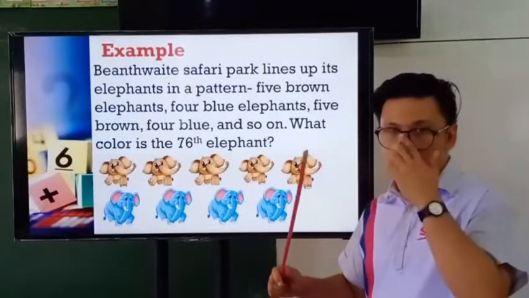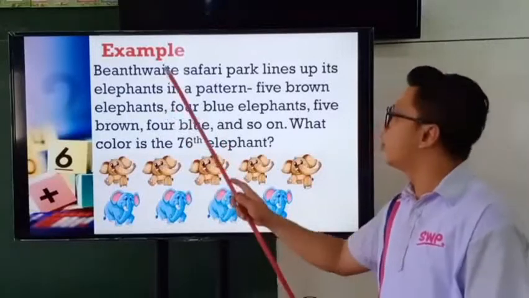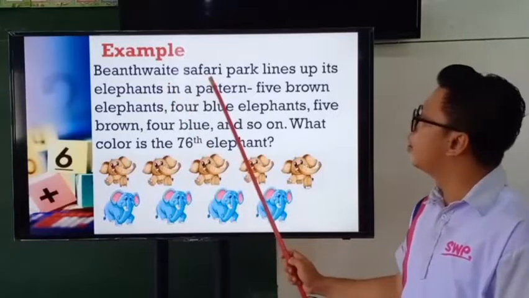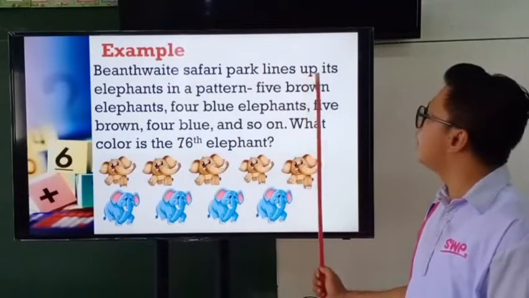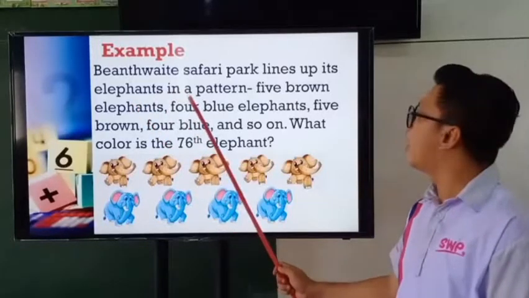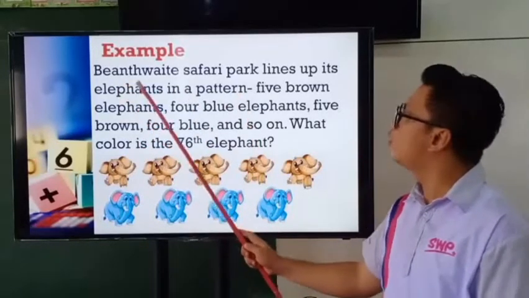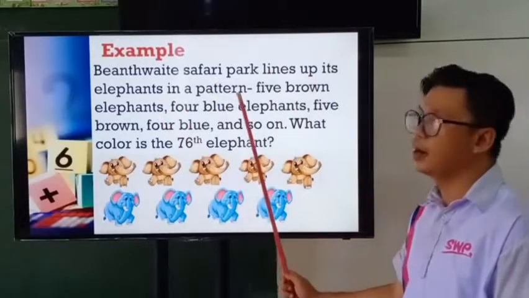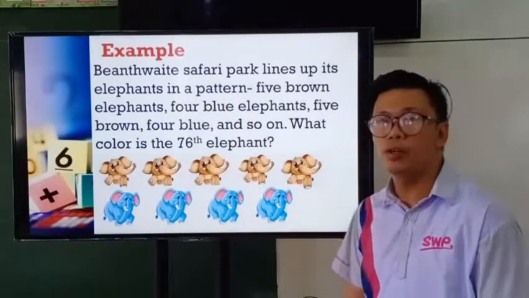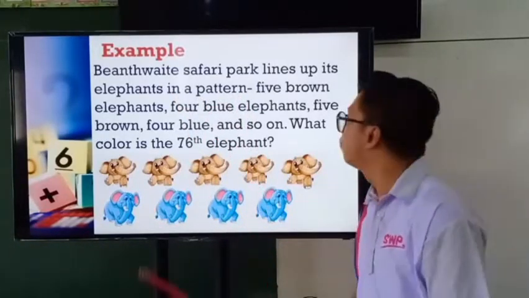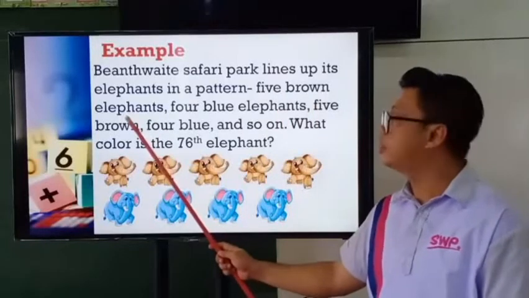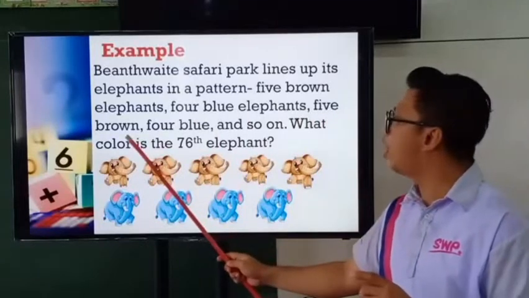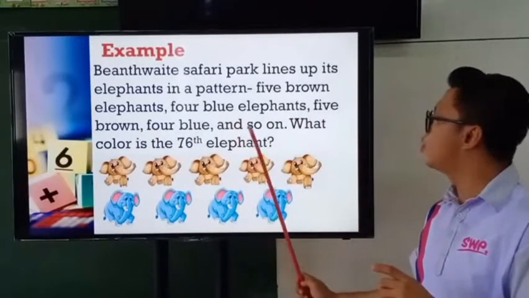Okay? So everybody look at this and focus. We have here an example. Bentway Safari Park lines up its elephants in a pattern. Again, Bentway Safari Park lines up its elephants in a pattern, which means in a straight line: 5 brown elephants, 4 blue elephants, and 5 brown, 4 blue, and so on.